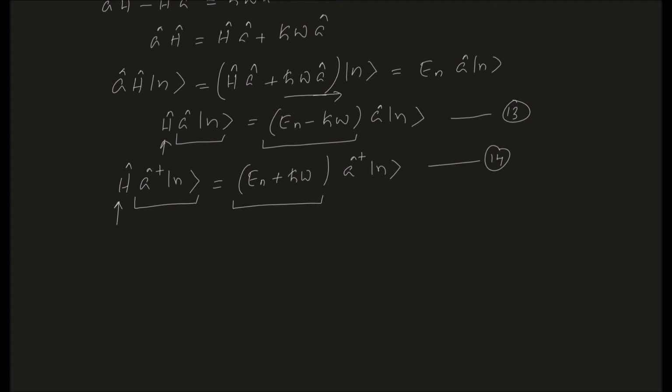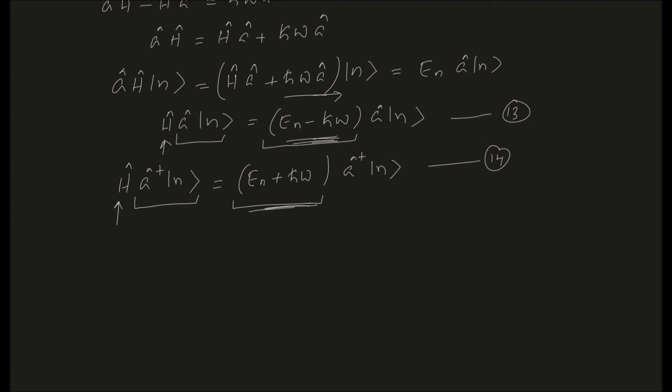So now you can see that the respective actions of A and A dagger on |n> is to generate new eigenstates that are lower and higher by 1 unit of h cross omega. That means if you use A, then the eigenvalue is lowered by 1 unit of h cross omega from its En, and if we use A dagger, this eigenvalue is raised by 1 unit of h cross omega.